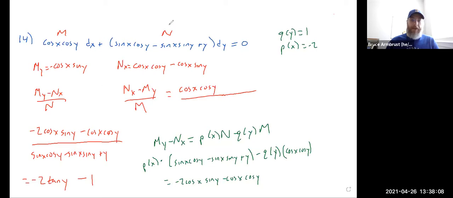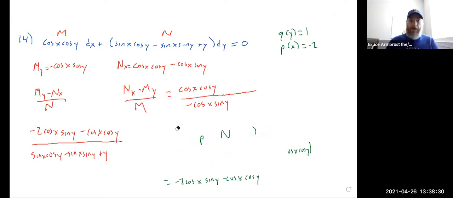Okay, so this thing is ugly as all get out, right? Clearly not just in terms of one variable, but the other one. This one's going to be good because the cosines cancel and we get minus cotangent of y, which is what we wanted.